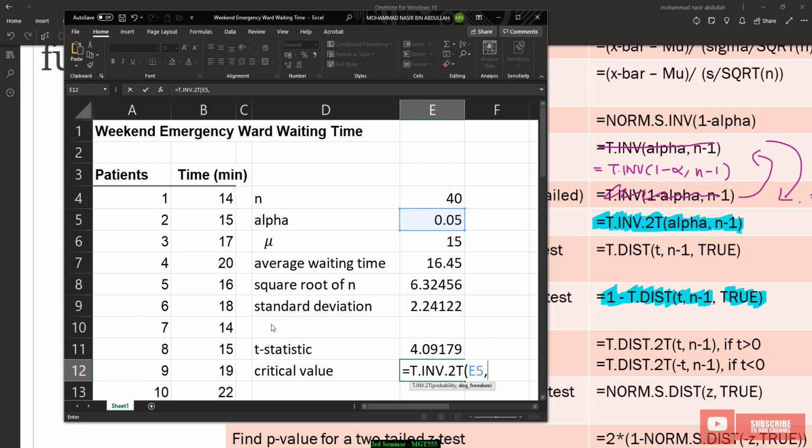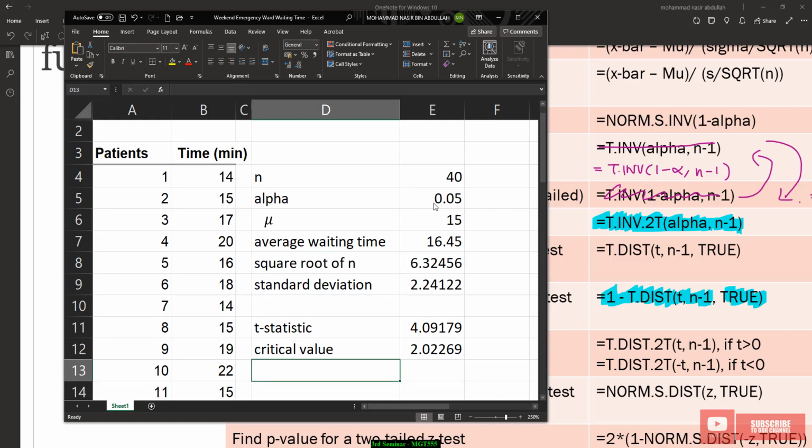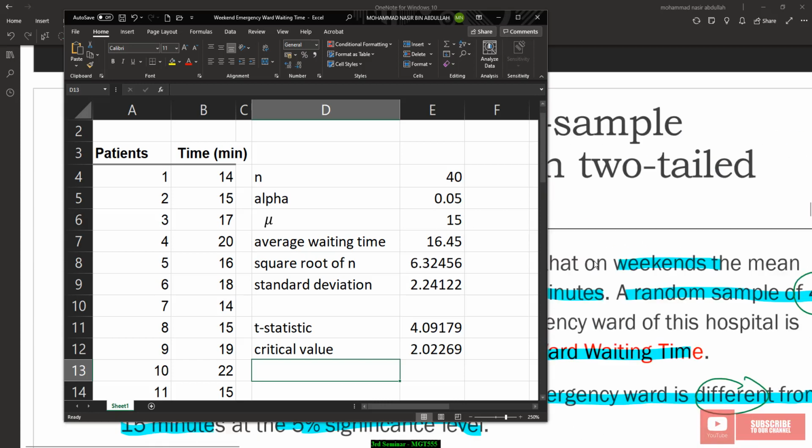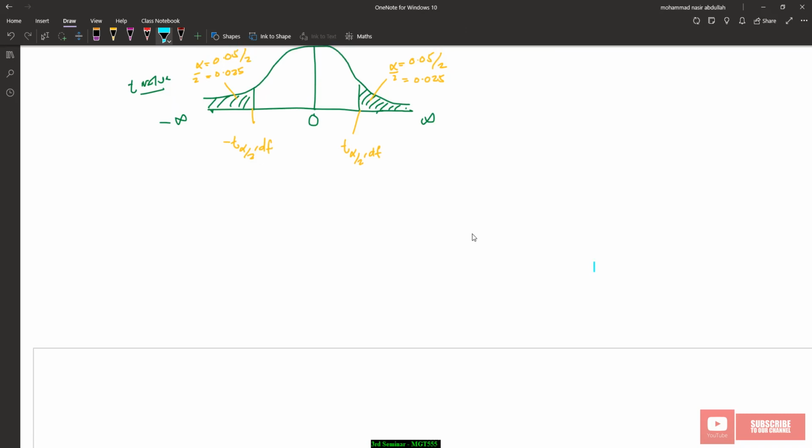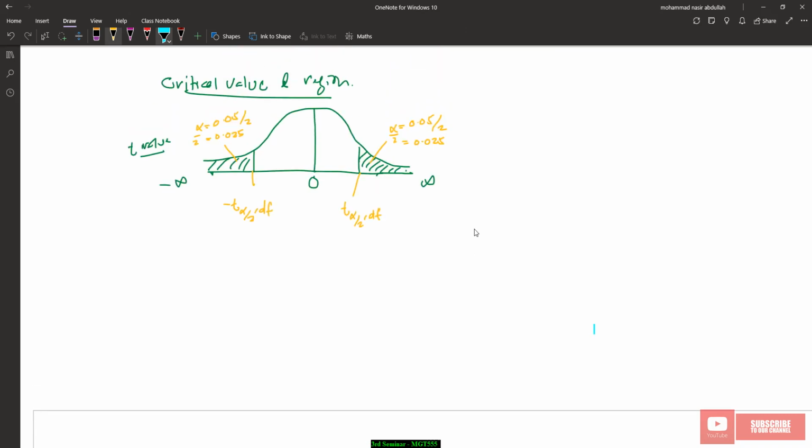Oh, earlier we forgot to calculate the degree of freedom. Okay, degree of freedom will be n minus 1. Right? So it will be 2.022. So here we can write, using this pen color, this is 2.022 and this is going to be negative 2.022.